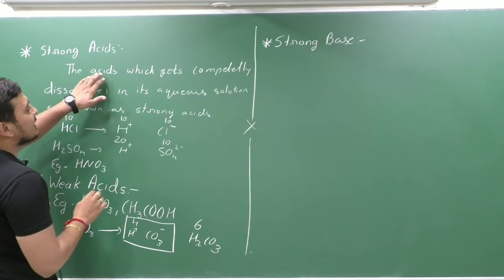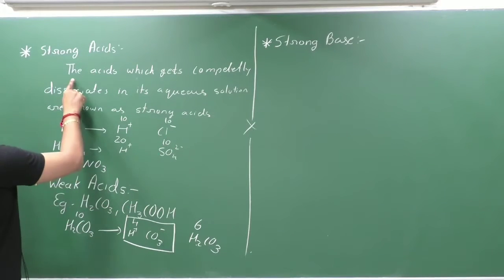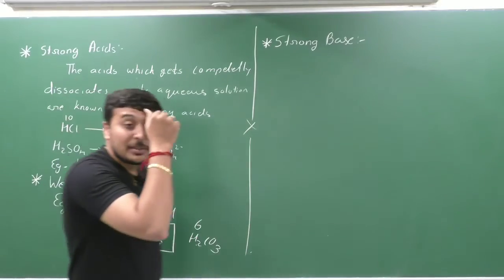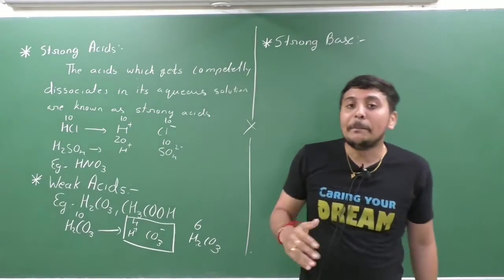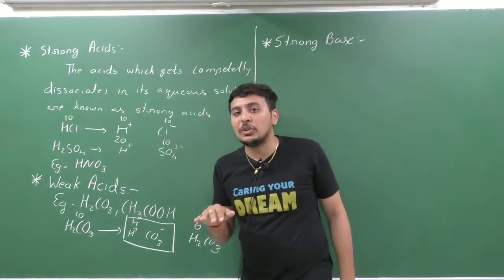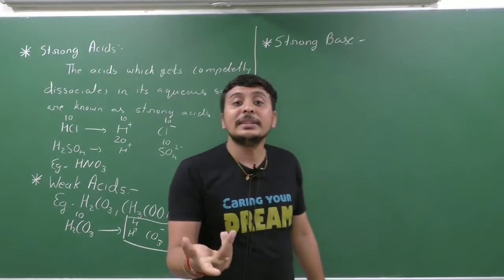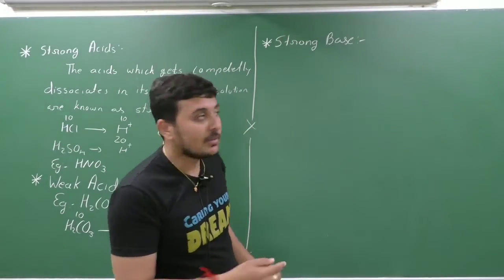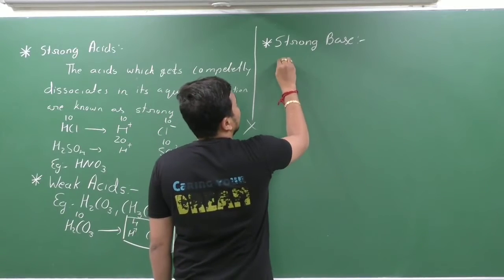Just write base instead of acid in this definition. The base which gets completely dissociated in its aqueous solution is known as a strong base, for example, NaOH.